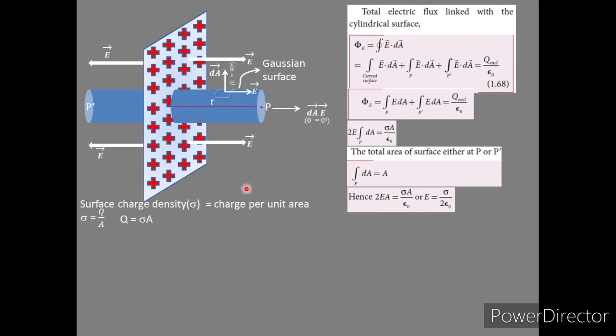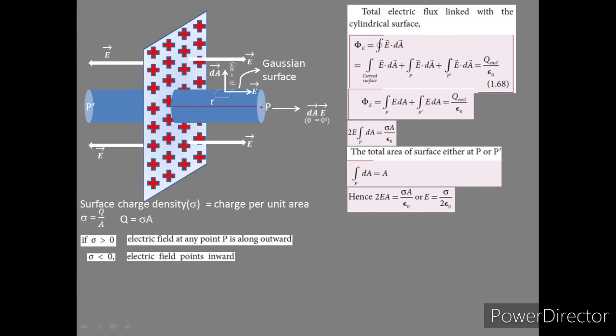Therefore if sigma is less than 0, then definitely the field will be acting towards the sheet. So this is one of the important concepts of applications of Gauss law. If sigma is greater than 0, the electric field is acting outward, and if sigma is less than 0, the electric field is acting inward.